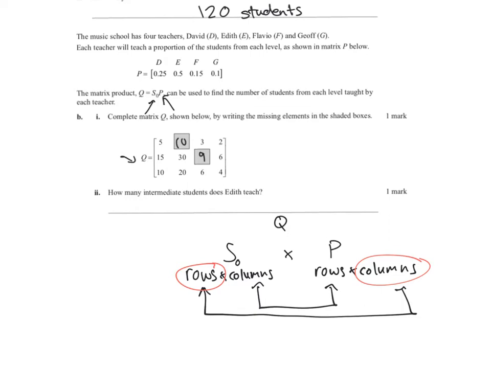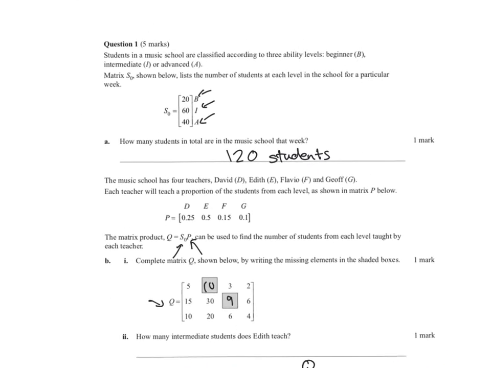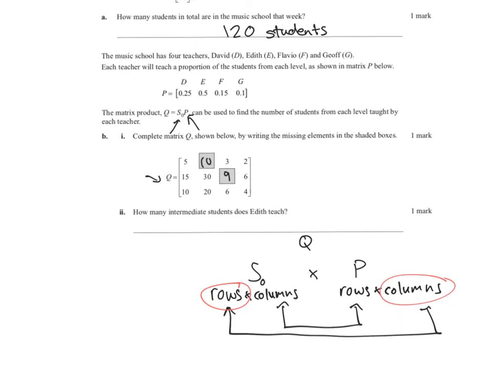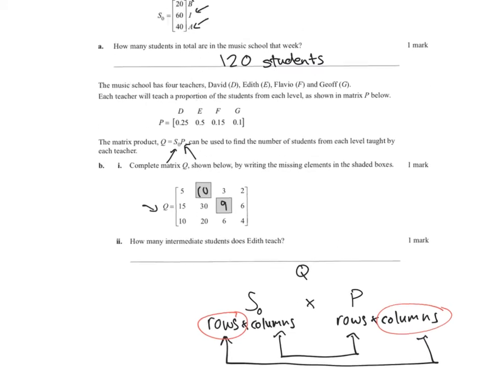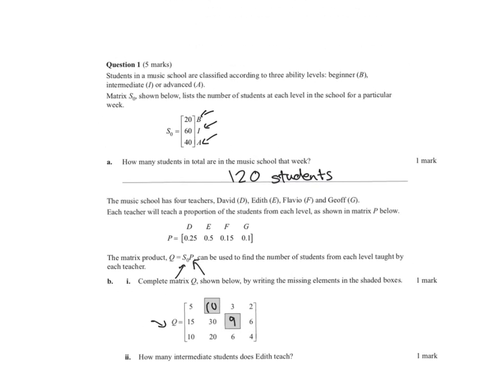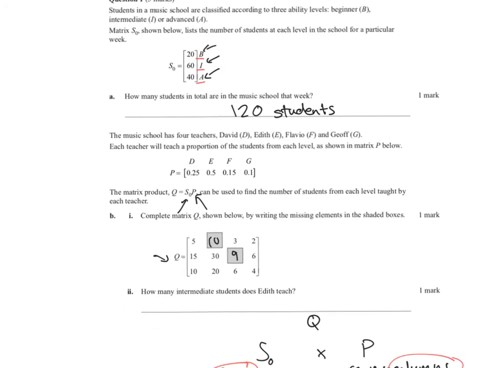A handy little thing you can do is look at matrix S. The rows there were our ability levels, so beginner, intermediate and advanced. That's actually going to be the same for matrix Q: beginner, intermediate, and advanced.